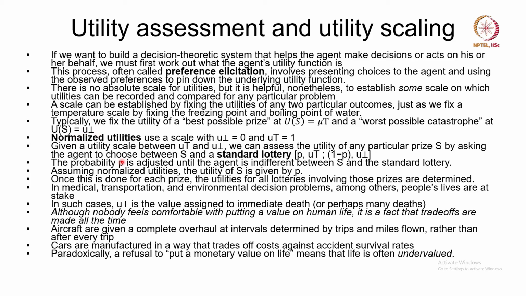So we could say that the utility scale should be between u-top and u-bottom, right? So the agent needs to choose between S and a standard lottery in this way, P u-top and 1 minus P u-bottom. In other words, this could be the best and the worst, and S will be between these two.